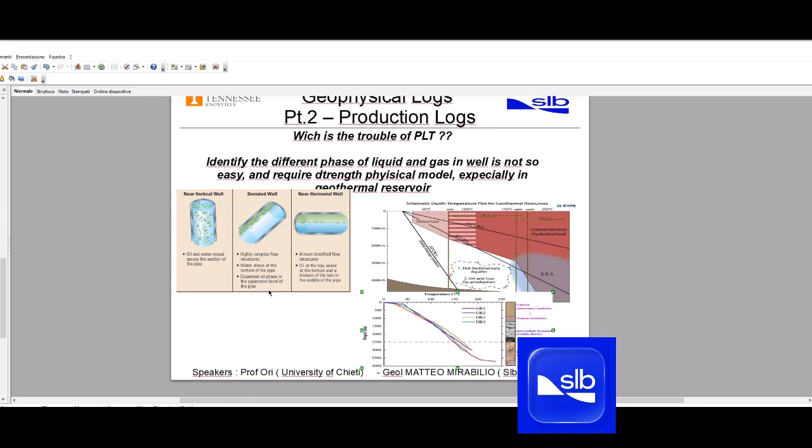The oil phase is in the uppermost level of the pipe. In a near horizontal well, there is almost a stratified flow structure: oil at the top, water at the bottom, and a mixture in the middle of the pipe. This condition can also be evaluated, for example, in a schematic depth temperature plot, also in geothermal resources.